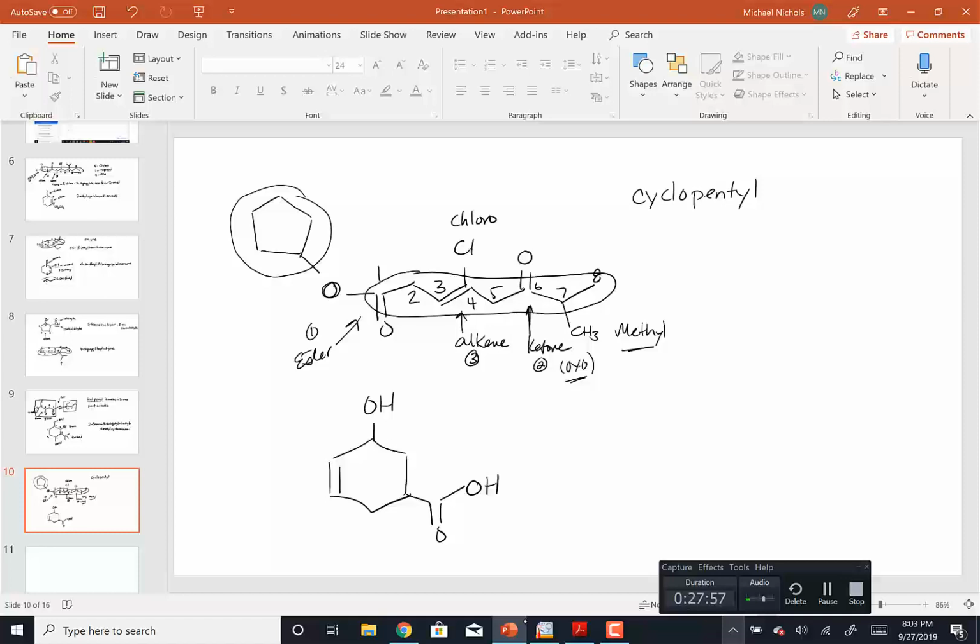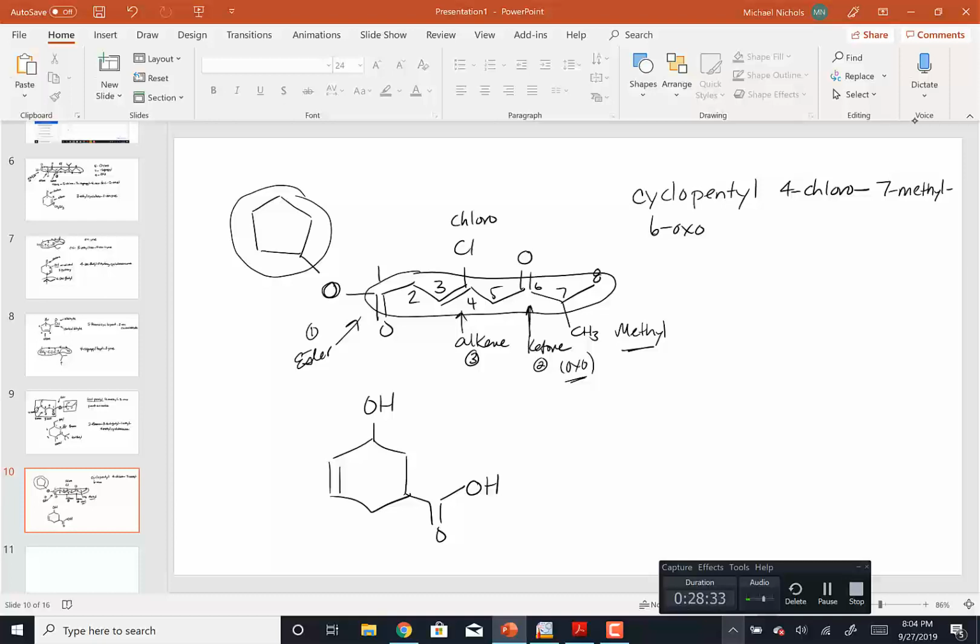So let's put together our alphabetized list. Let's put it up here. Cyclopentyl, 4 chloro, 7 methyl, 6 oxo, and so there's my cyclopentyl, because it's the group attached to the oxygen of the ester, and then 4 chloro, 7 methyl, 6 oxo is my list of substituents, alphabetized.